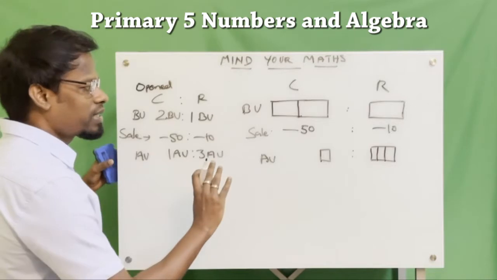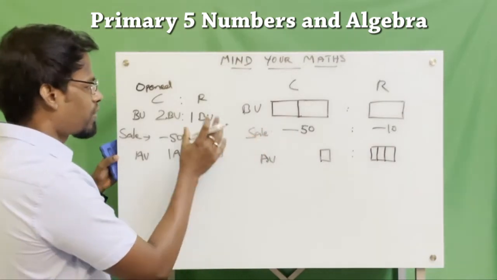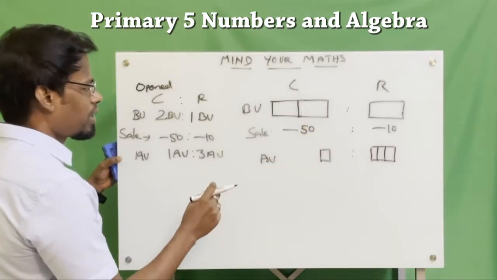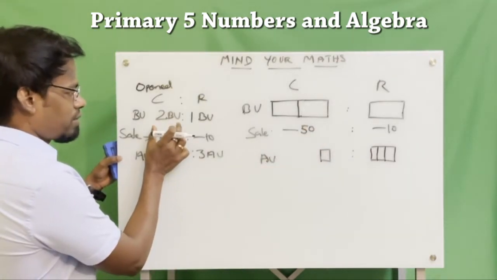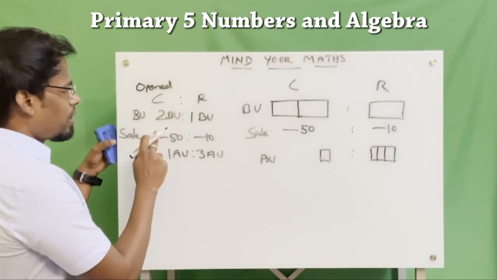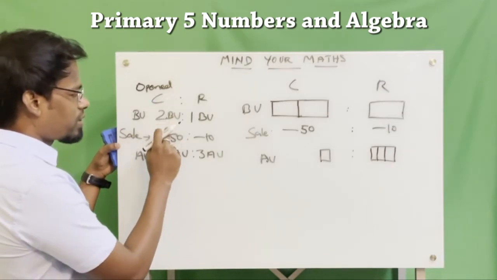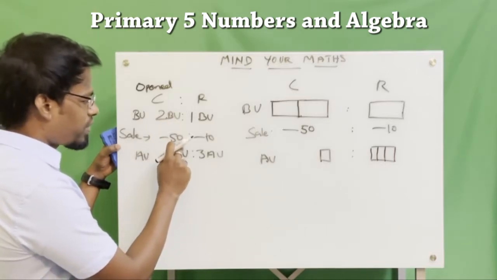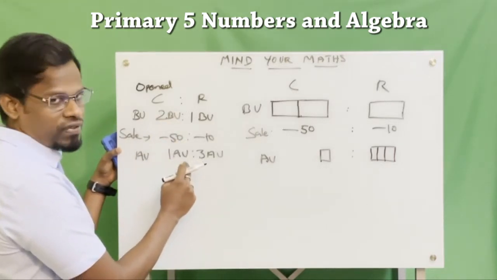From this ratio and this diagram, the before unit of the carnations, 2 BU minus 50, became 1 after unit.